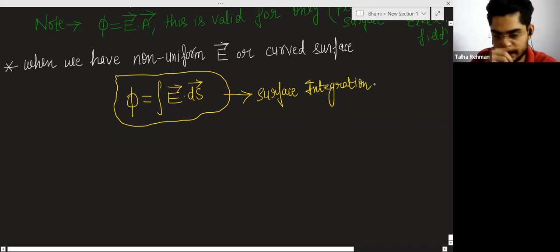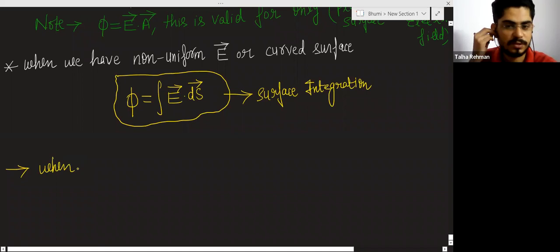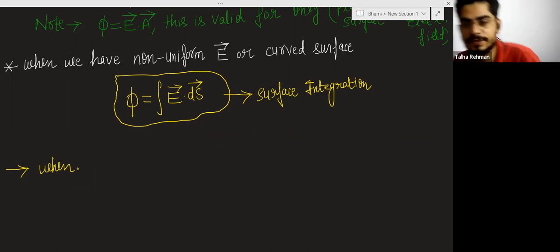We will discuss this now. When the surface is closed, like a sphere, which is a closed surface, let me give you two examples.